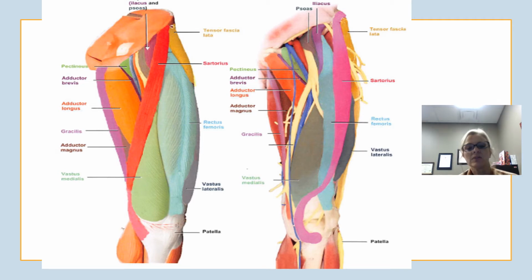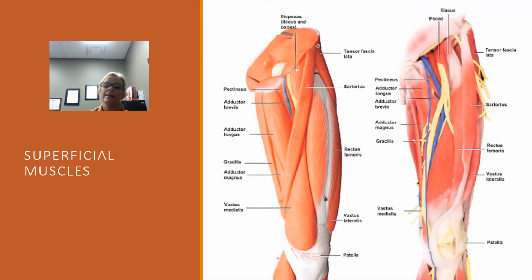And with these colors, I think it's very helpful, okay? So we've got the superficial on the left of the anterior medial thigh. You can notice the sartorius here, if you look on the right, kind of makes it a little S shape. And again, another look at a cadaver and a model here for comparison's sake.